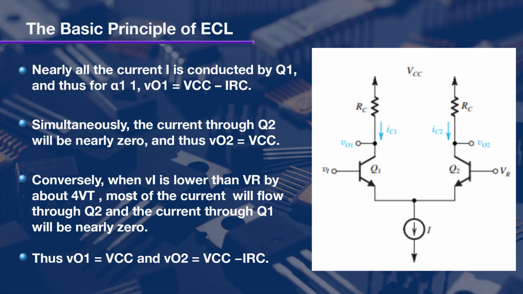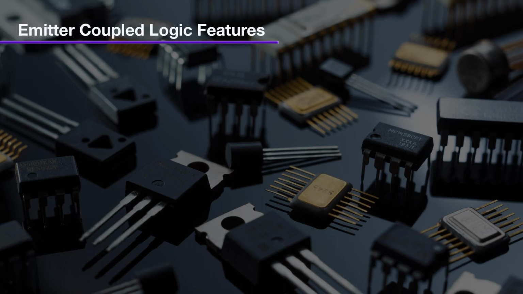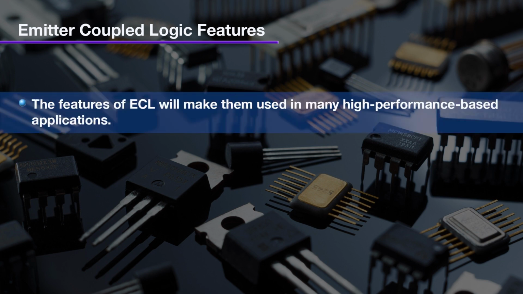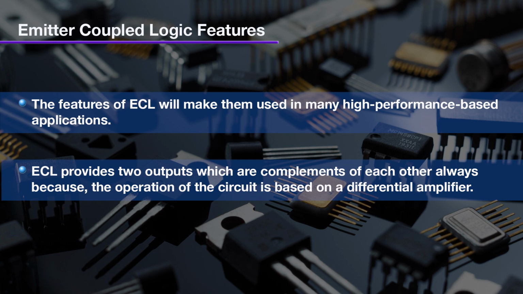Figure 1 shows the working of ECL. Now we discuss the emitter coupled logic features. The features of ECL make it used in many high performance applications. ECL provides two outputs which are always complements of each other because the operation of the circuit is based on a differential amplifier.